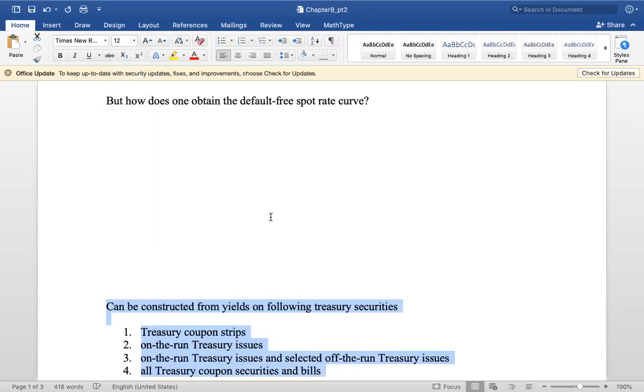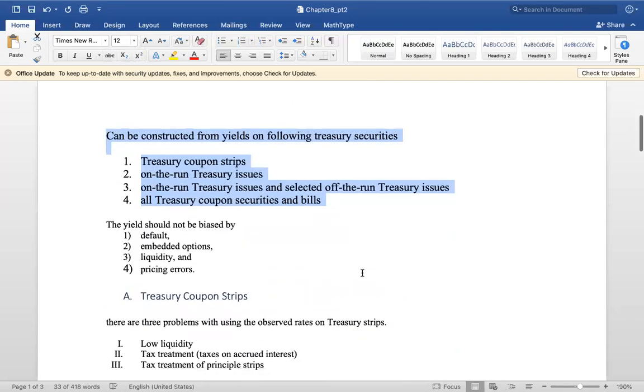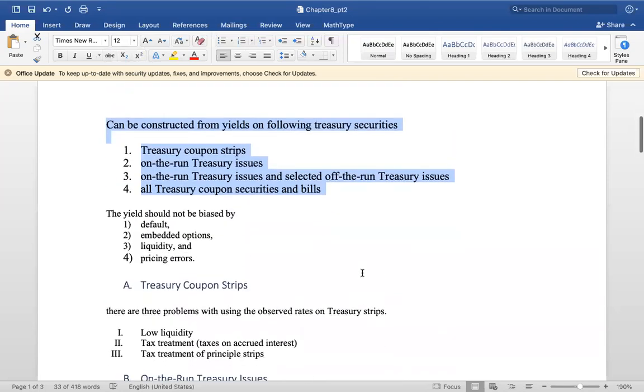One of the ways is to use treasury coupon strips.